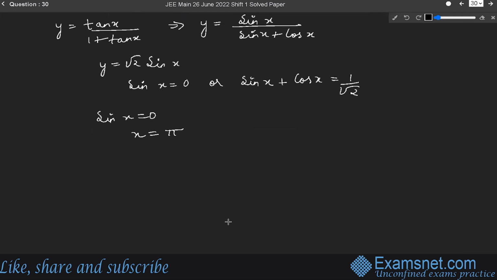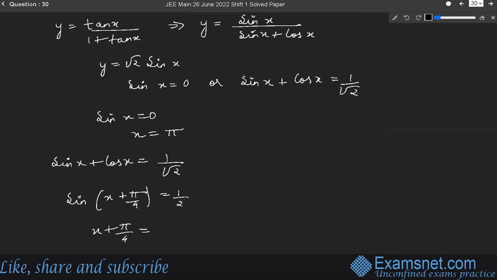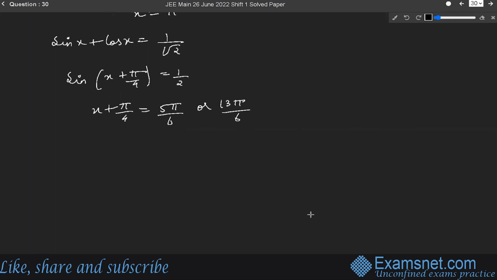And if sin x plus cos x is equal to 1 upon root 2, then it gives sin of x plus pi by 4 equal to 1 by 2. So x plus pi by 4 will be equal to 5 pi by 6 or 13 pi by 6. Therefore, we can say that x will be equal to 7 pi by 12 or 23 pi by 12.